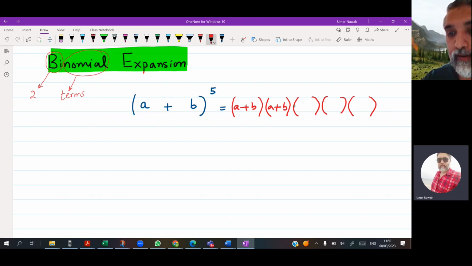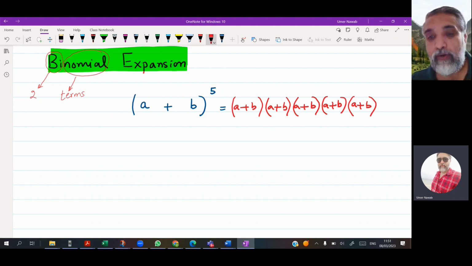And if you do this, you will definitely take too much time to expand all of these 5 brackets. To save your time, we must have a formula which tells us how the expansion looks and how many terms it will have.